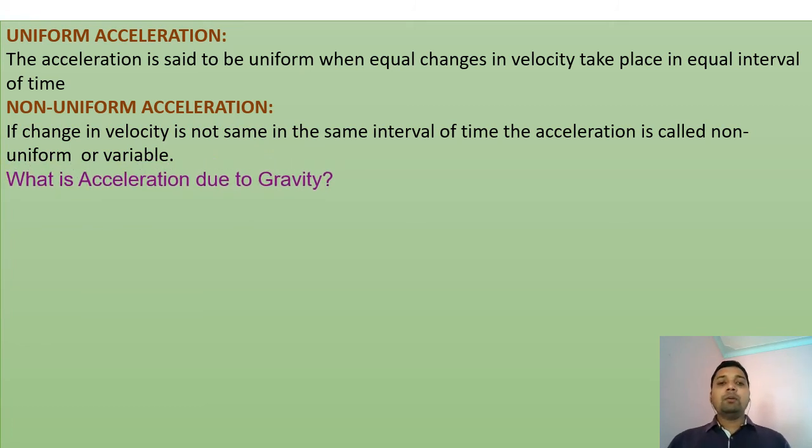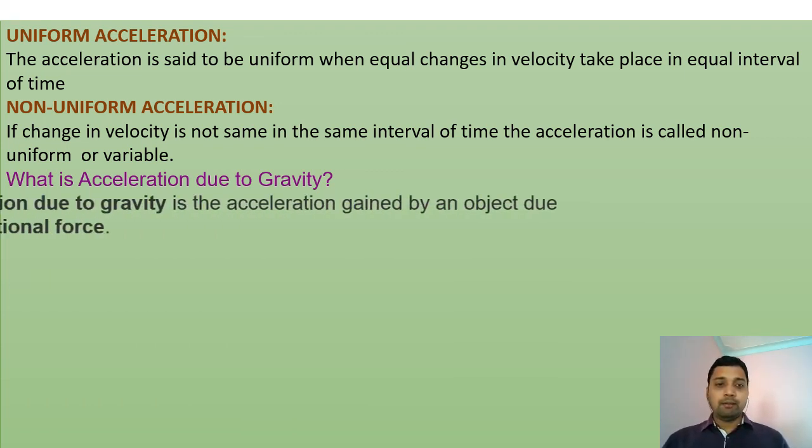One more term used is the acceleration due to gravity. Whenever a body comes from a height down, because of the force of gravity, the force of attraction by a heavenly body like Earth, the velocity change of the body with respect to time is the acceleration due to gravity.